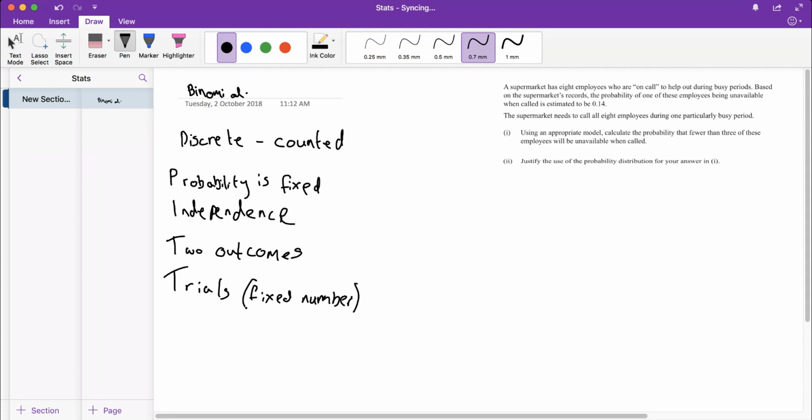Knowing these conditions is all well and good, but it's really important that you can apply those to a situation. On the right hand side of the screen, from the moment this video was started, I have a situation, and it tells me a supermarket has 8 employees who are on call.